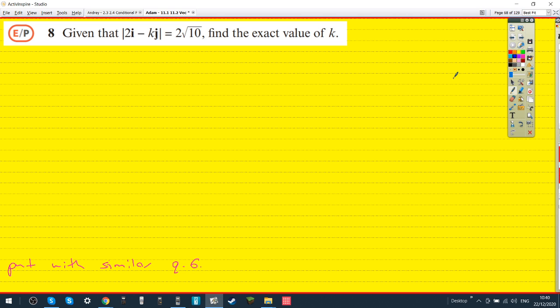So could you write it out as square root of 4 plus k squared equals square root of 10?